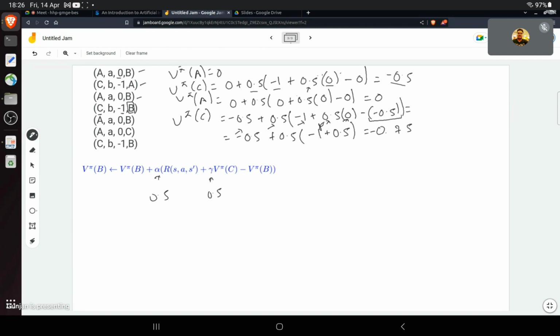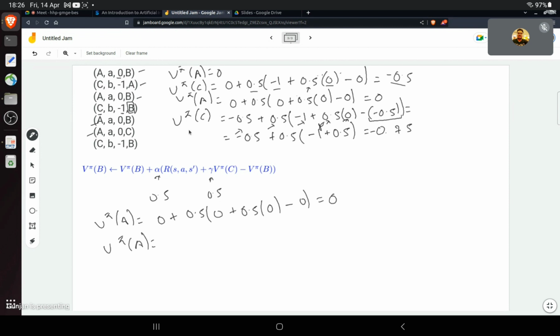Then for this sample, we will do v pi of a. Again, v pi of a is 0 plus 0.5 times the reward, which is 0, plus 0.5 times v pi of b, which is 0, and then we do minus 0 because v pi of a was initially 0. So again, we get 0. Then we do this sample, a comma c.